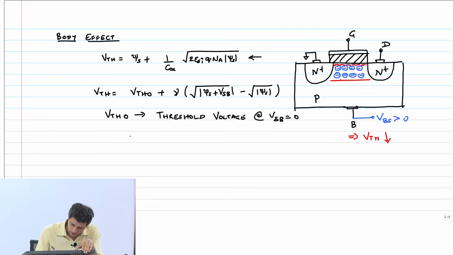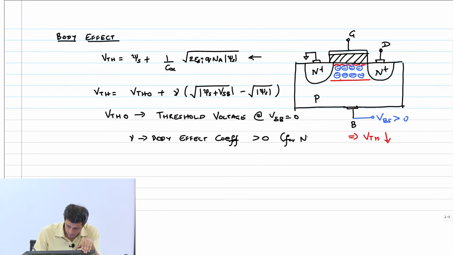So gamma is the body effect coefficient and it is greater than 0 for NMOS. What's the dimension of gamma?